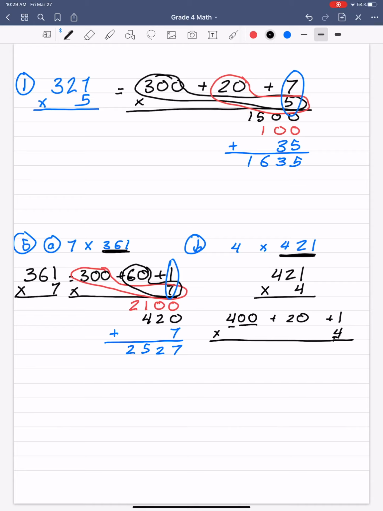Add your 2 zeros, 1600. 2 times 4 is 8. Add your 0, makes 80. And 1 times 4 is 4. And we add that together. And our answer is 1,684.